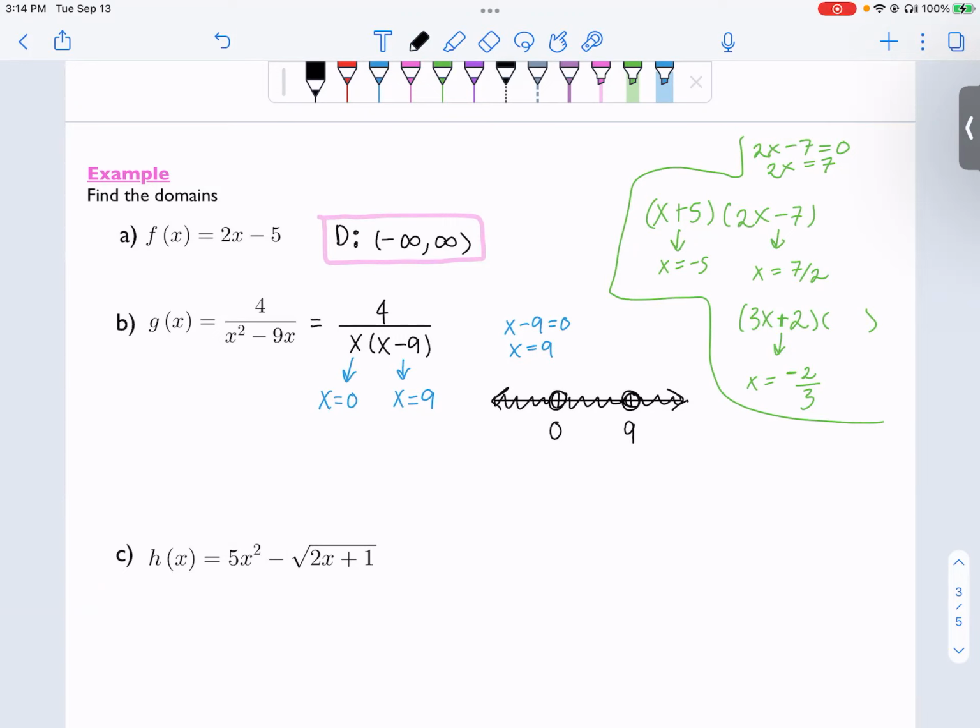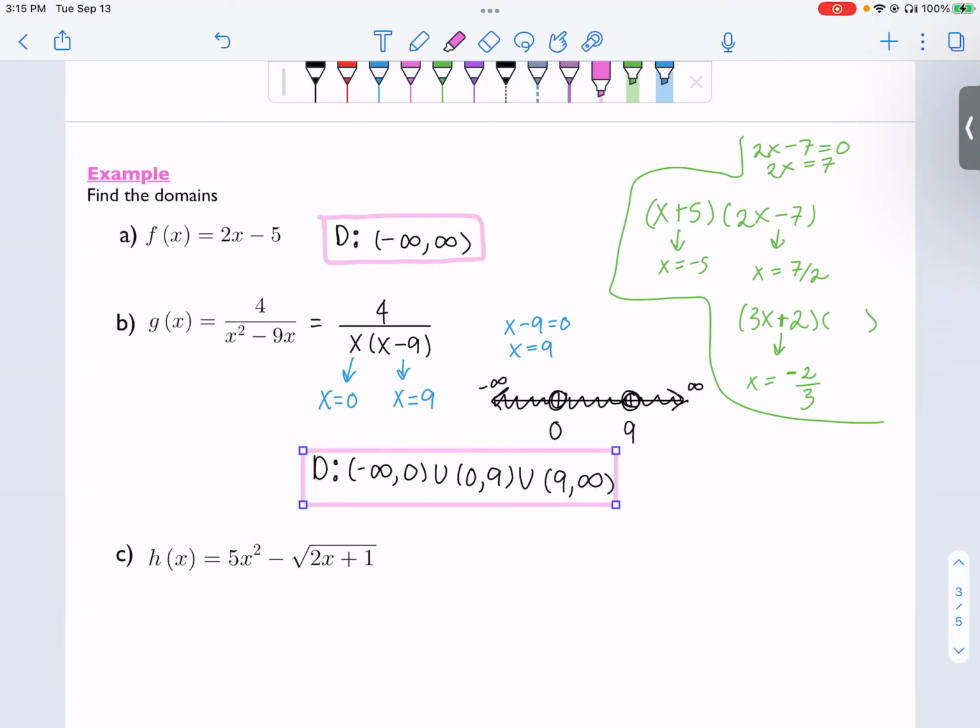As an interval, the first part goes from negative infinity to 0. Union, the next part is from 0 to 9. Union. Then the last portion of this goes from 9 to infinity. And that will be our domain for this function.